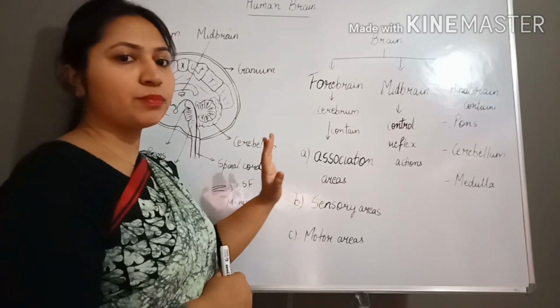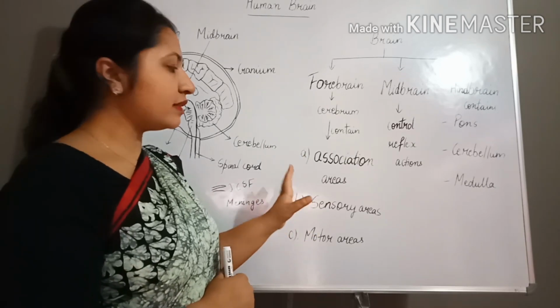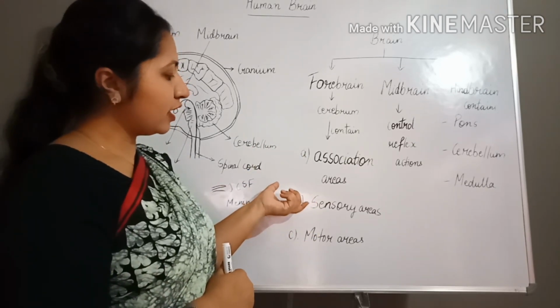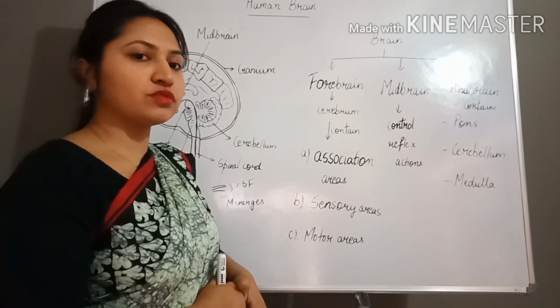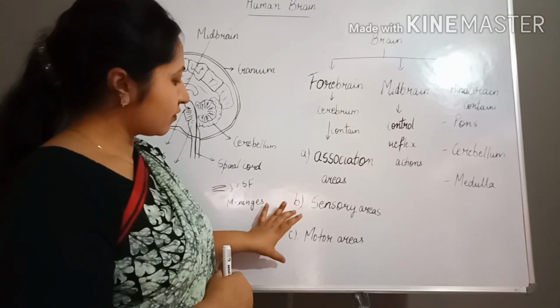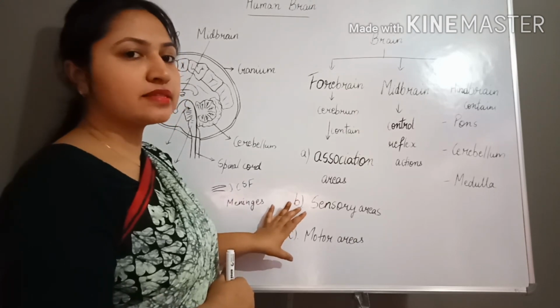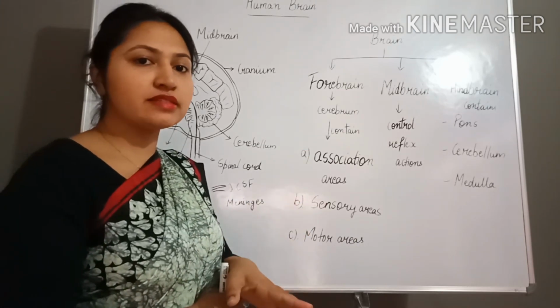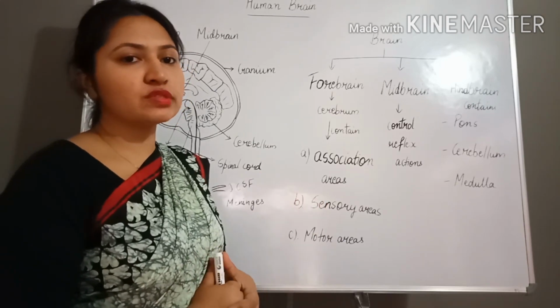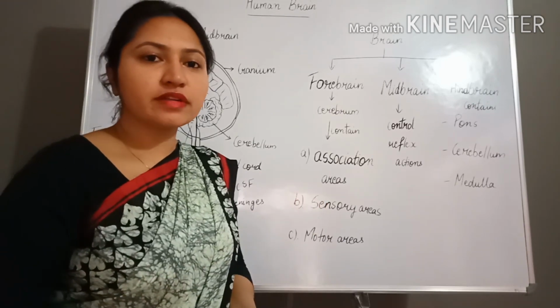Now the brain processes that information, and then it goes back to the effector cells through the motor neurons. So from the motor areas, that instruction is passed to the effector cells through the motor neurons, telling how we have to respond.